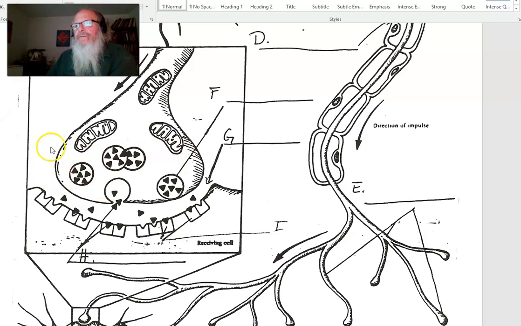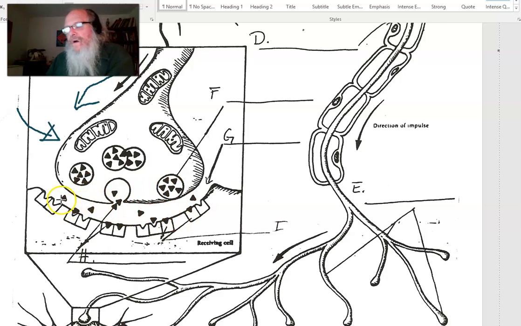Synaptic vesicles are located in the bulges, the bulbs, at the end of the axon terminals. The action potential pushes these vessels up against the cell wall and spits the individual neurotransmitter chemical keys out into the gap.